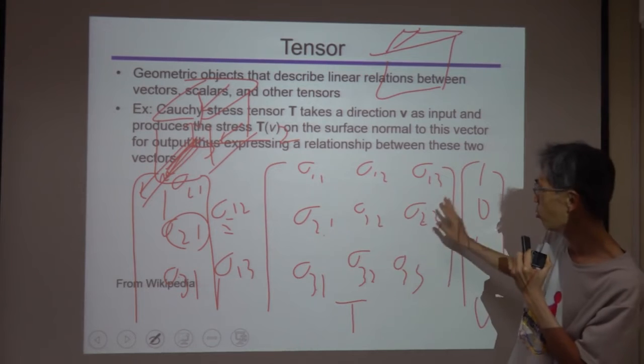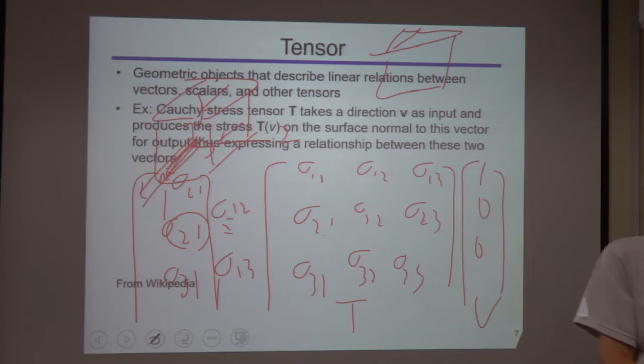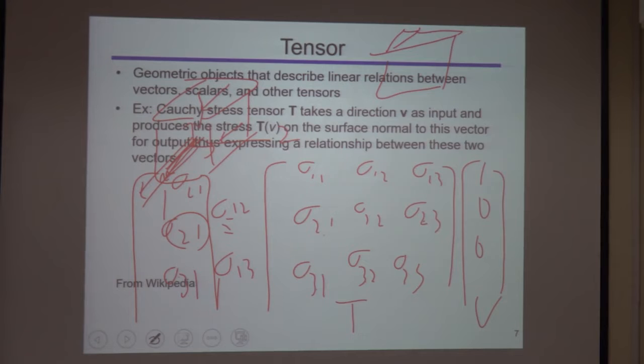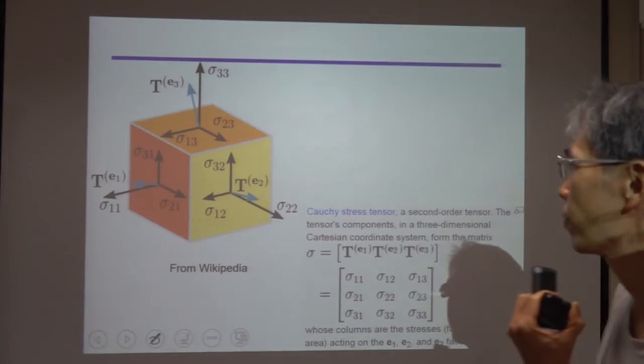The relation between two vectors is a tensor. 张量, tensor, Chinese terminology. Okay, so Martin, what is tensor? It's the relation between vector and scalar. Okay, fine. Thank you.